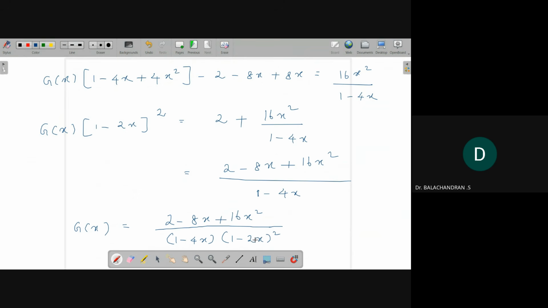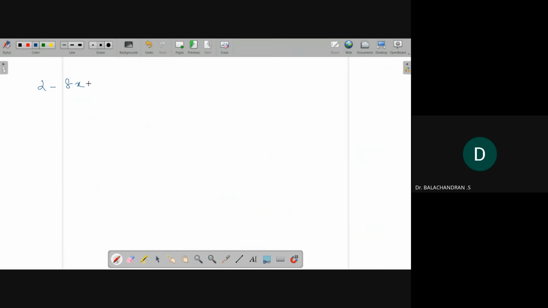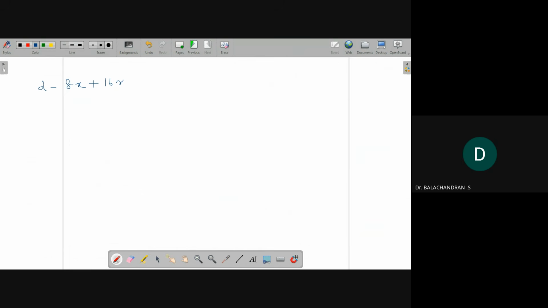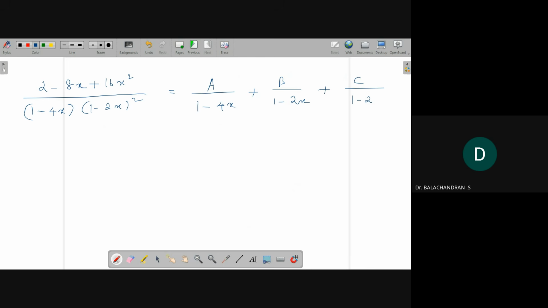Okay, now you should apply partial fraction. Okay, here. So 2 minus 8x plus 16x square divided by 1 minus 4x into 1 minus 2x whole square, which is equal to, you can write this is a by 1 minus 4x plus b by 1 minus 2x plus c by 1 minus 2x whole square.